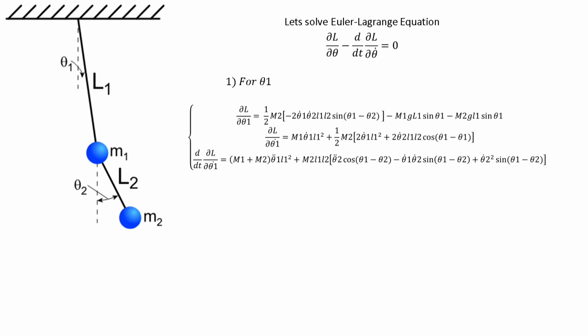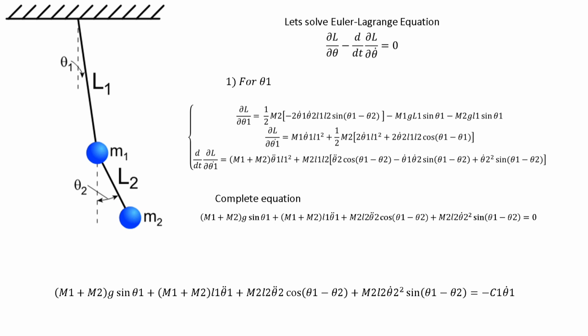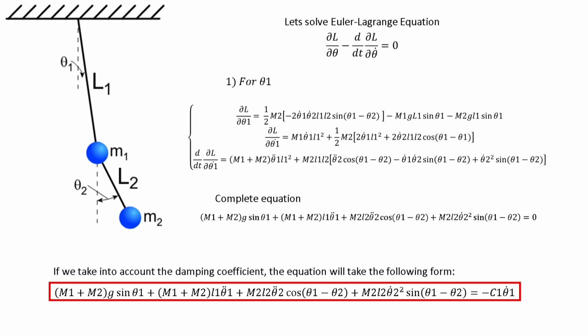Let's substitute all of our values into the Euler-Lagrange equation. For theta 1, the system will look like this. Now let's derive the complete equation. Note that if we add the damping coefficient, we get the following equation, where C1 is the damping coefficient.